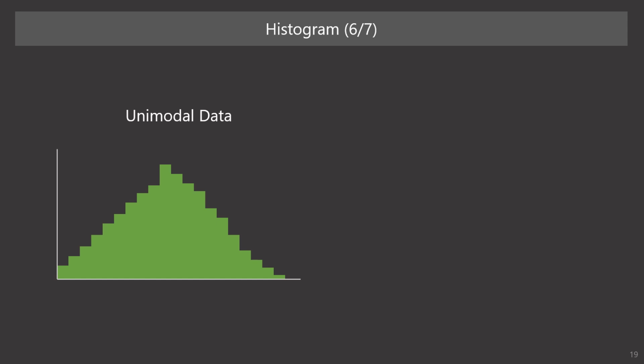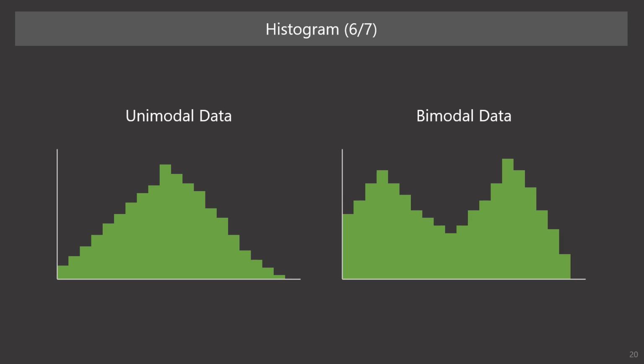By creating a histogram, we sometimes encounter variables with only one peak in their distribution. It is called unimodal data. In other cases, a histogram shows 2 or more peaks like this example. We call such data multimodal data. In particular, we call a dataset with 2 peaks bimodal data.